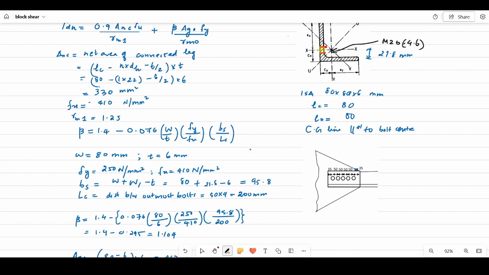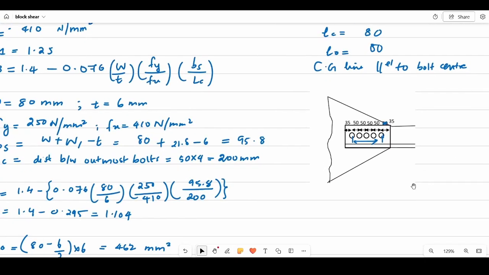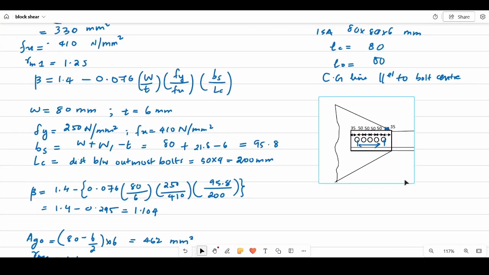Now the next associated term is called LC, and this is the distance between the outermost bolts. Suppose I have provided 1 2 3 4 5 bolts, so LC will be the distance between the outermost bolts, and the measurements of bolts are usually taken along the center of the bolt. So we can see there are 5 bolts, which means the distance between the outermost bolts will give you the value of LC.